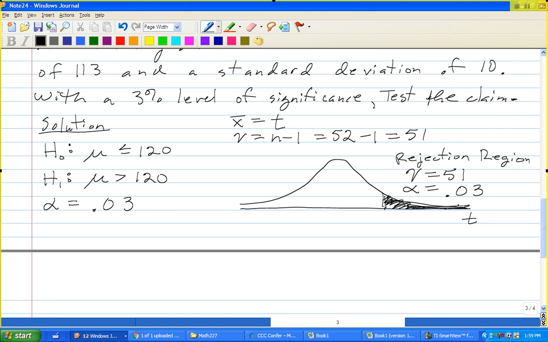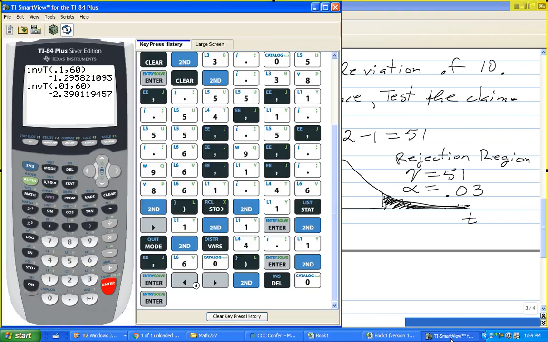I can determine my critical value either by looking in my table, seeing if they have 51, which I don't think they do, or by using linear interpolation and the z approximation to t to calculate it. Or, I'm lazy, you could use this.